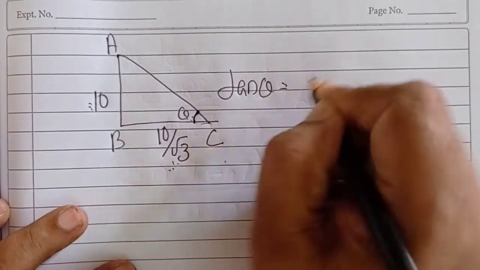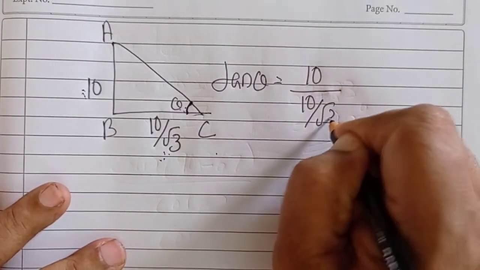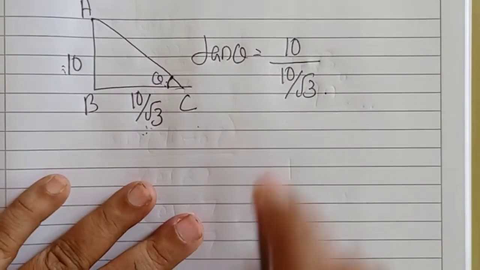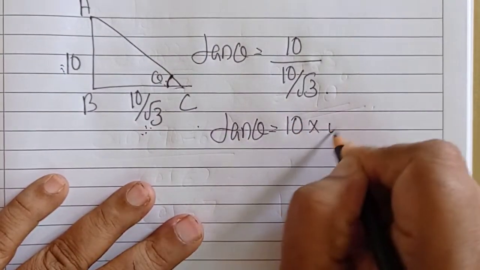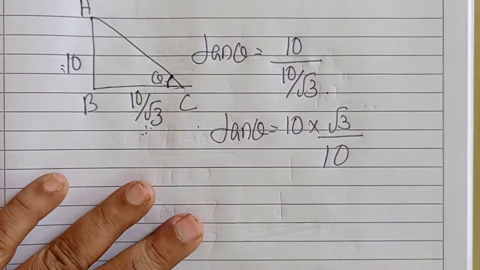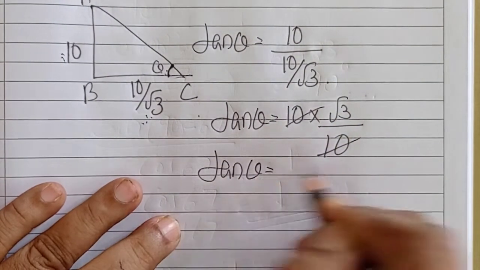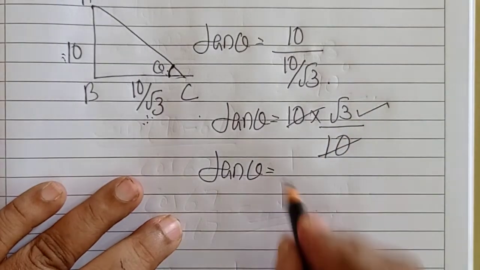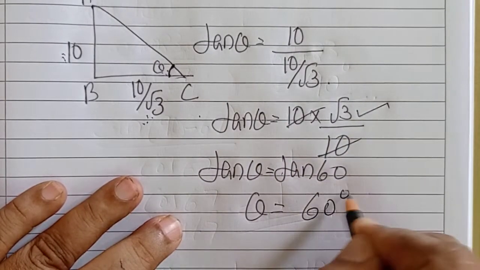Yes, tan theta is equal to 10 by root 3. That is tan theta is equal to 10 into root 3 by 10. Take the reciprocal, root 3 cancels. So tan theta is equal to tan of which angle is root 3? Tan 60. So theta is equal to 60.